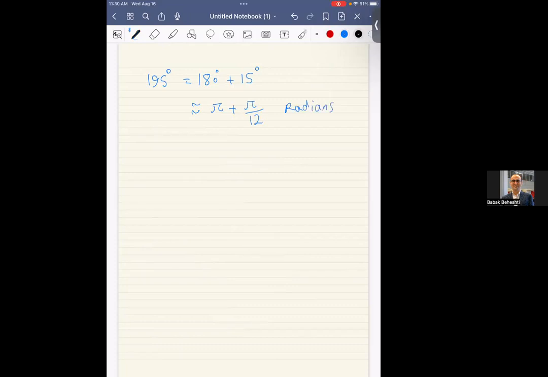So that means cosine of 195 is equal to cosine of pi plus pi over 12. Now, what is cosine of pi plus pi over 12? It's equal to minus cosine of pi over 12, right?